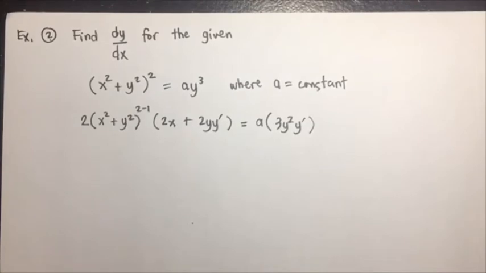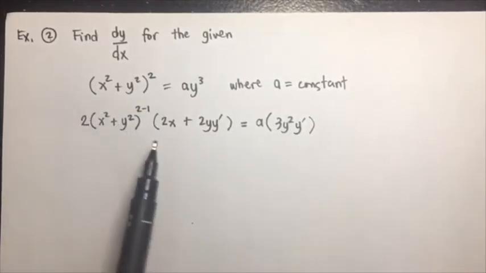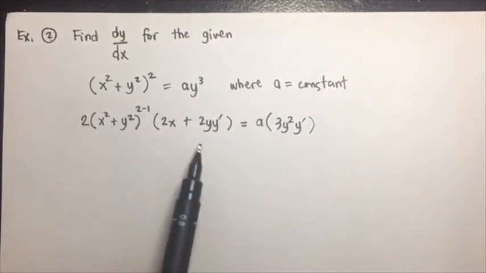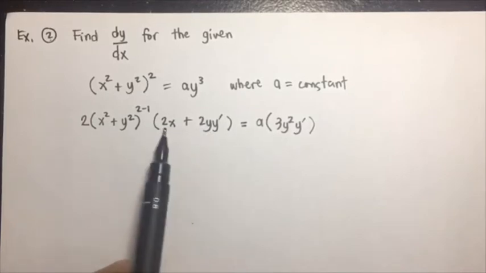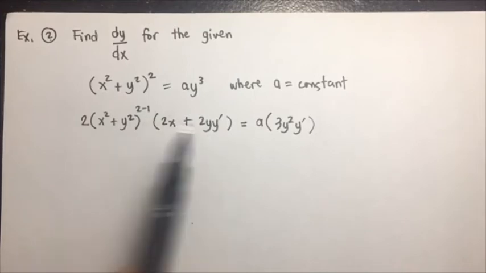Okay, so just like earlier in the previous example, all terms with y prime transpose to the left side, and all the terms without y prime transpose to the right side. But since we have this here, we still need to distribute for 2x and 2y y prime.